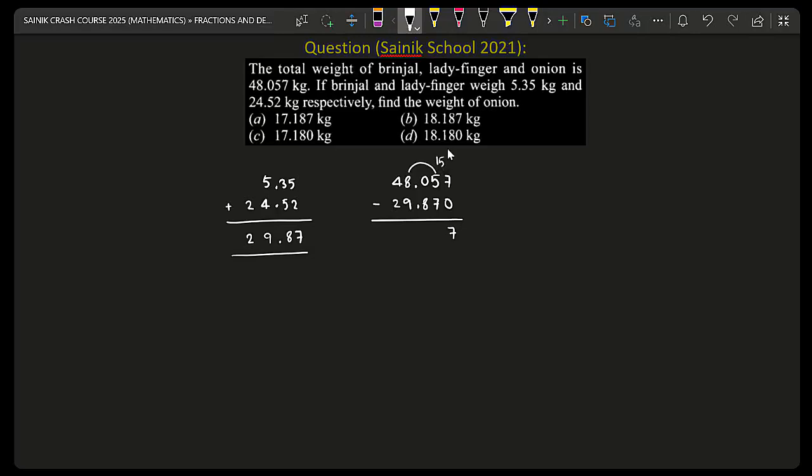Yes, it becomes 15. Sir, 8. 0 will be 9. Minus, yes, is 1. 8 becomes 7. Take borrow, it becomes 17 again. It is 8, sir. Sir, 3 minus 2 is 1, sir. Yes, 18.187. That is answer B.